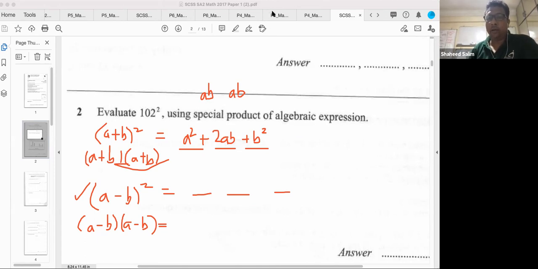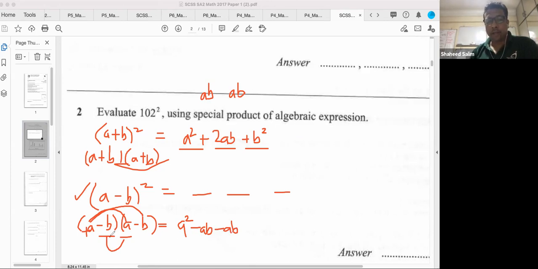We do together. Ryan, you check. I'm going to expand. A times A, A squared. First one is correct. A times B, now this is plus times minus, so you get minus AB. Then minus B times A down here, minus AB also.